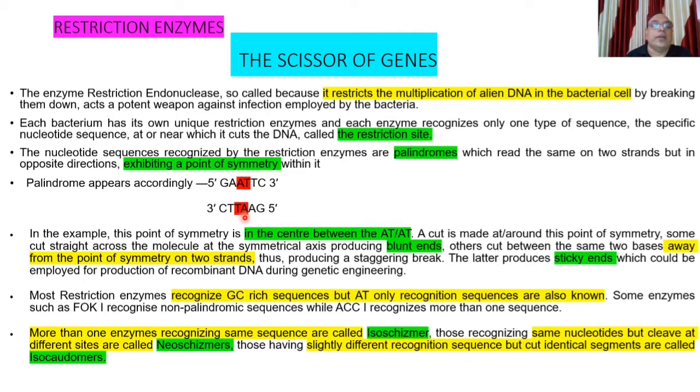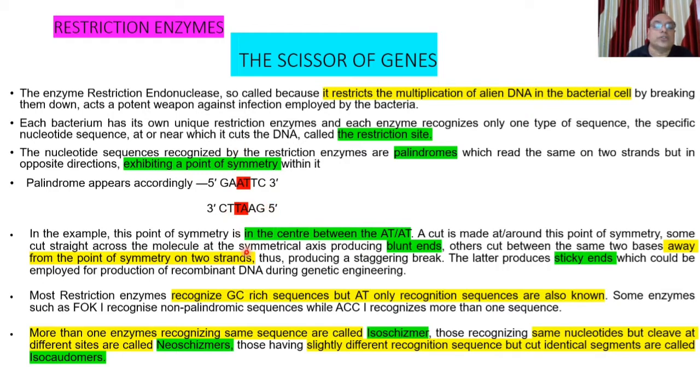So this AT, TA is the point of symmetry for this sequence of nucleotides, and the enzyme may cut across this point of symmetry bluntly. So GAA, TTC, CTT, AGG will result.